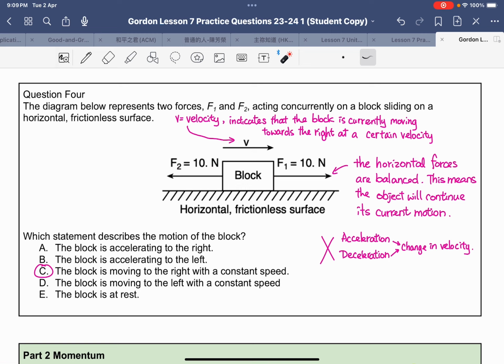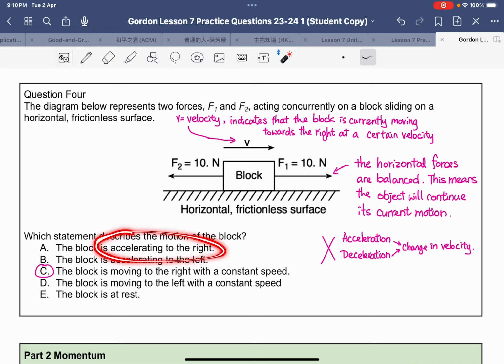When you have balanced forces, the type of motion is not going to change. And also, it's not going to do any increasing or decreasing in the velocity. It will keep the current velocity it has. So you could only have constant speed or stationary as a motion if you have balanced forces.